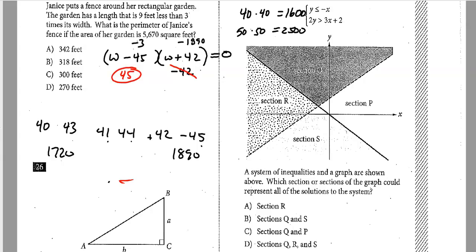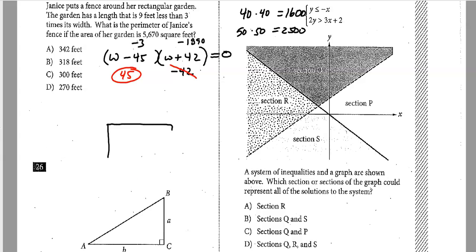So there's our W. Let's go back to this rectangle and see what we have here. If we have a width of 45 and our length was 9 less than 3 times that, so 3 times that minus 9, that's 135. Take away 9, which is 126.